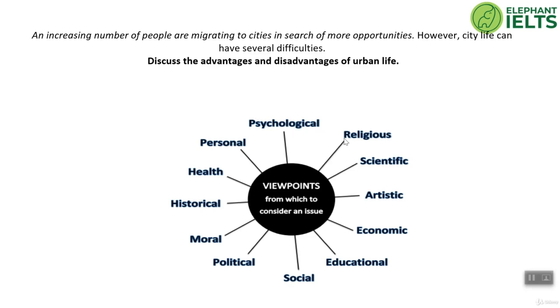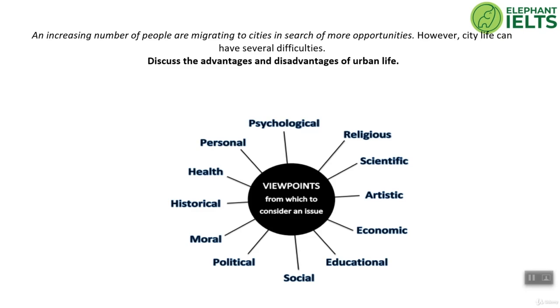Now, for the advantages, I look at the different spokes I can choose, and I think economic might be a useful idea to use in the essay. One paragraph could talk about the economic benefits of cities. Of course, the social would also be a useful angle to take for the essay.